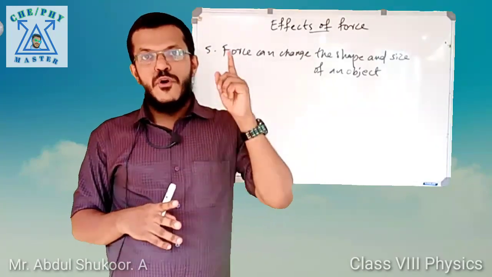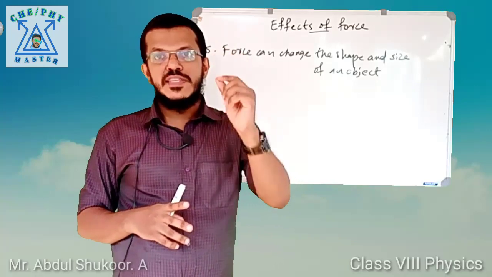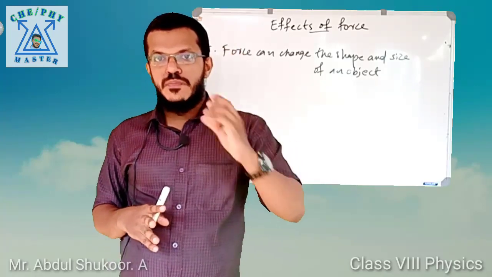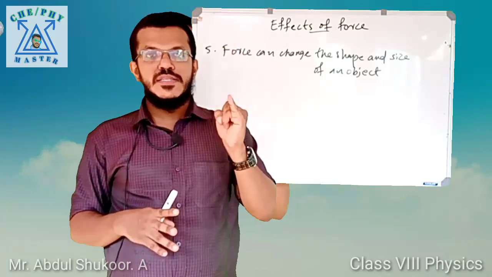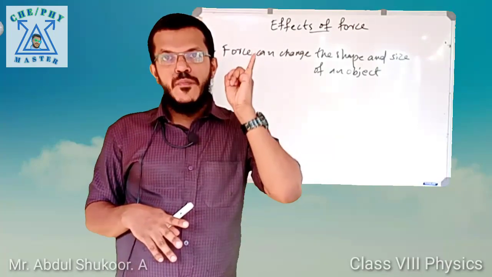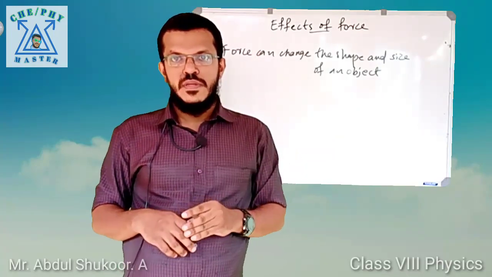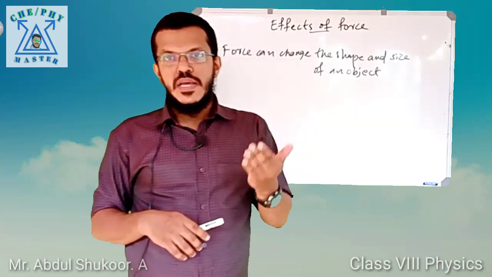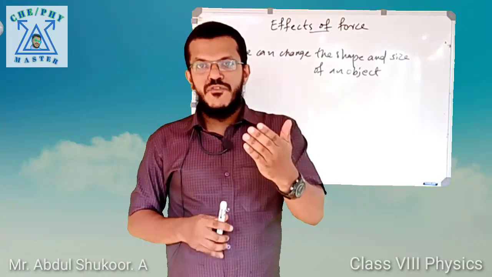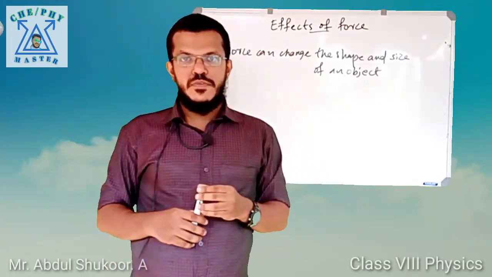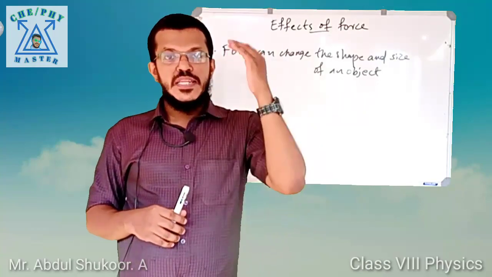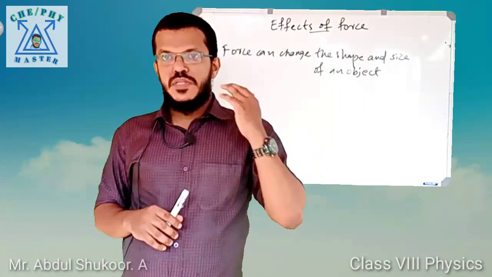One, force can cause motion in a stationary object. Second, force can stop a moving object. Then, force can change the direction of motion of a moving object. Then, force can change the speed of a moving object.